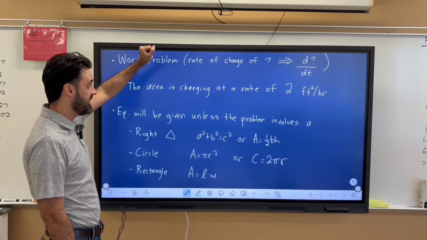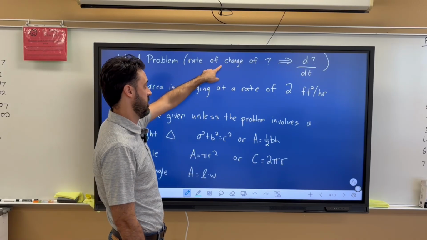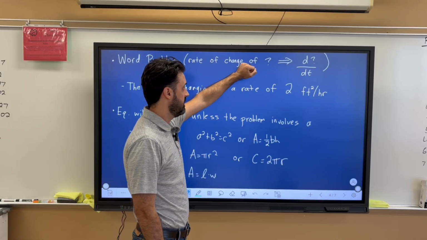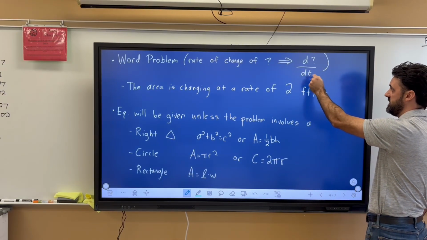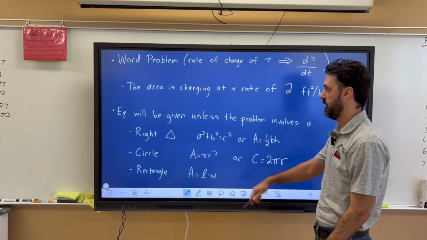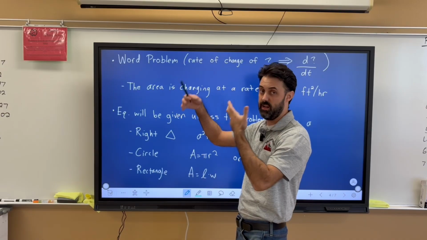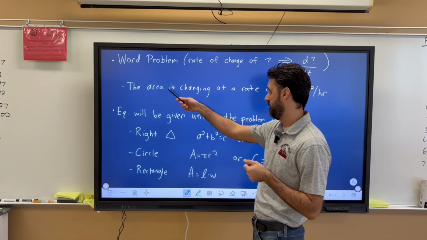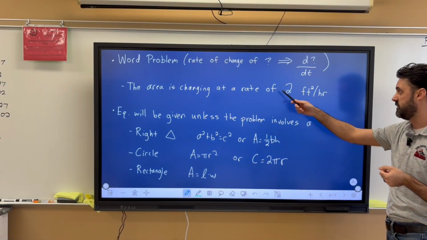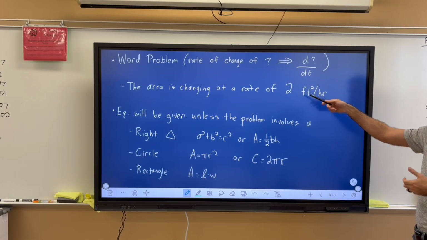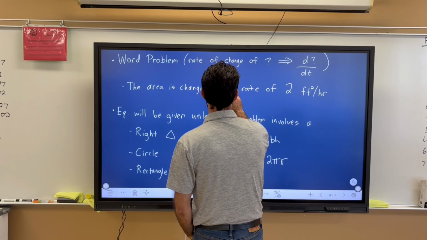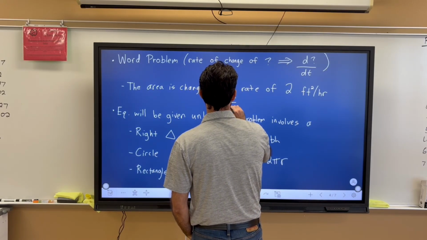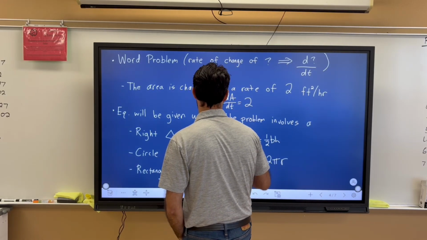Anytime you see the phrase rate of change of something, that's telling you what that d something over dt is. So for example, if the problem says that the area of something is changing at a rate of 2 square feet per hour, that's telling us that dA over dt is 2.